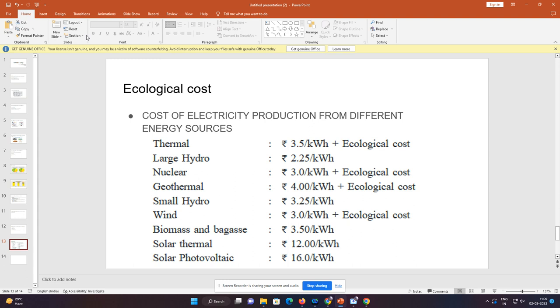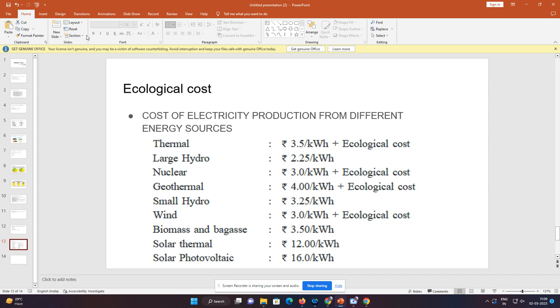The cost of a product produced from conventional sources like thermal, meaning coal, oil, gas, and large hydro and nuclear plants, is cheaper than that obtained from new renewable energy sources. So here comparative cost details are given below.